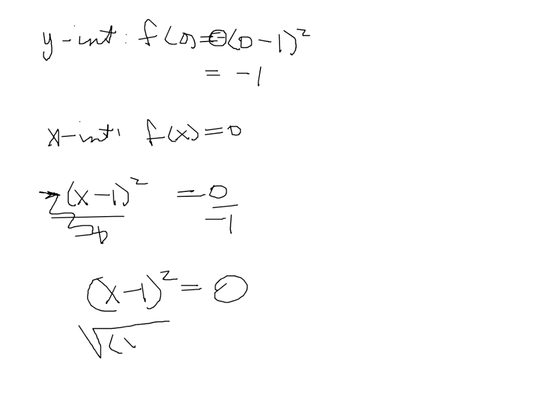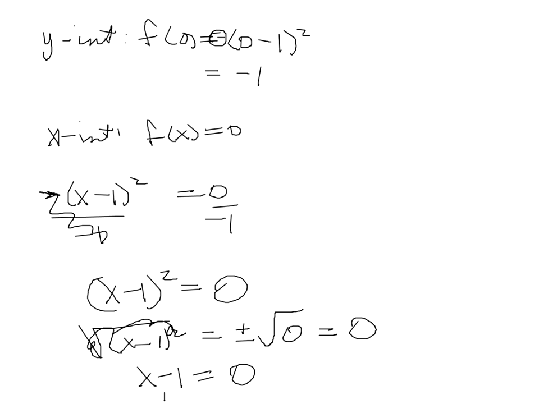Now I take the square root of both sides. And so I get plus or minus the square root of 0. But the square root of 0 is just 0, and 0 is not positive or negative, so I just get 0. The squares and square root cancel, so I get x minus 1 equals 0, add 1 to both sides, and I get x equals 1, and I only get one of them.